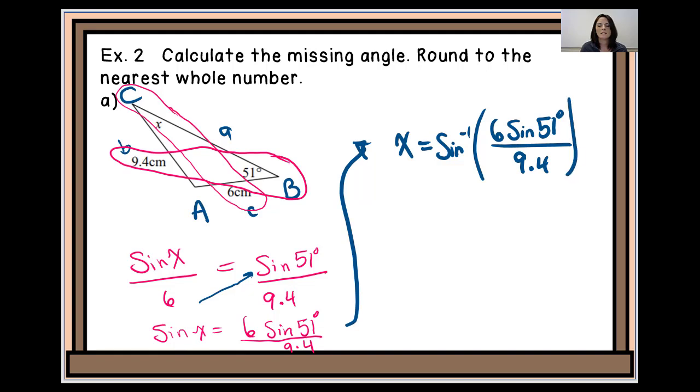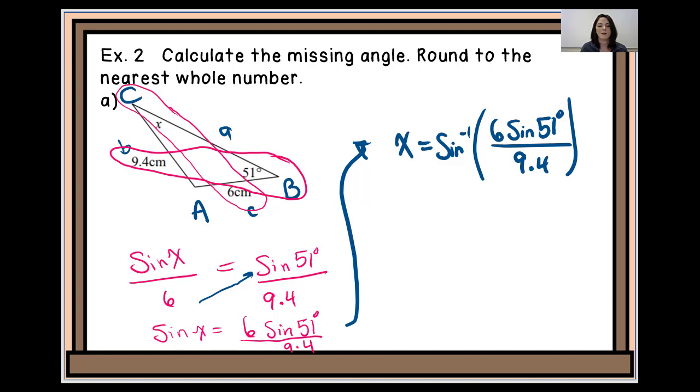When you're plugging this into the calculator, you're likely going to have to enter the bracket part first and then press equals and then shift or second sine. So on my calculator, I'm going to plug in 6 times sine 51 equals, divided by 9.4 equals, and then shift sine or second sine on your calculator.